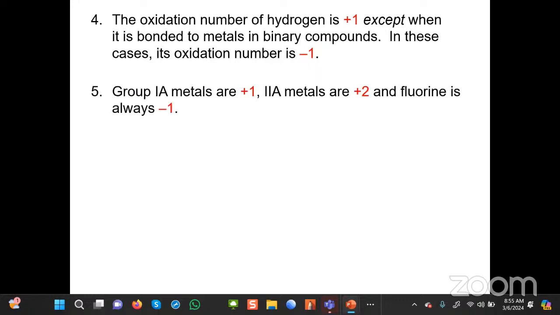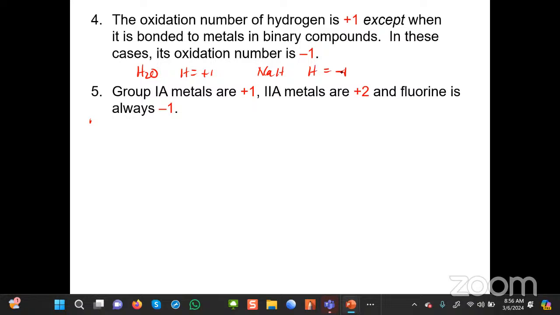Okay, so for example, in the case of water, the oxidation number of hydrogen is +1. But in the case of sodium hydride, the oxidation number of hydrogen is -1, all right? Because in sodium hydride, we have the hydrogen bonded to a metal. So that's another rule that you need to be aware of.